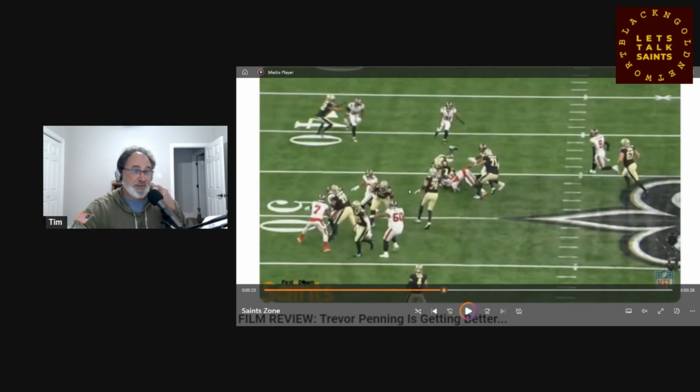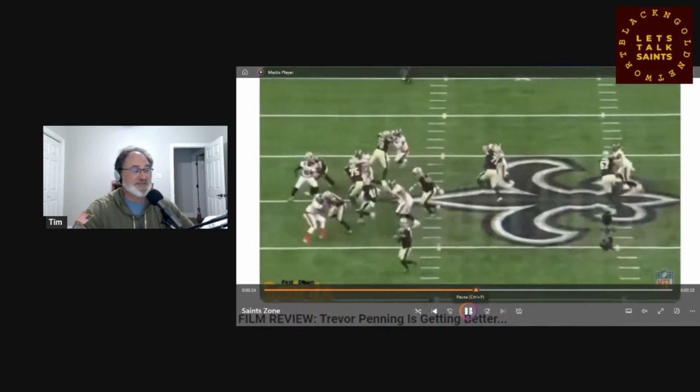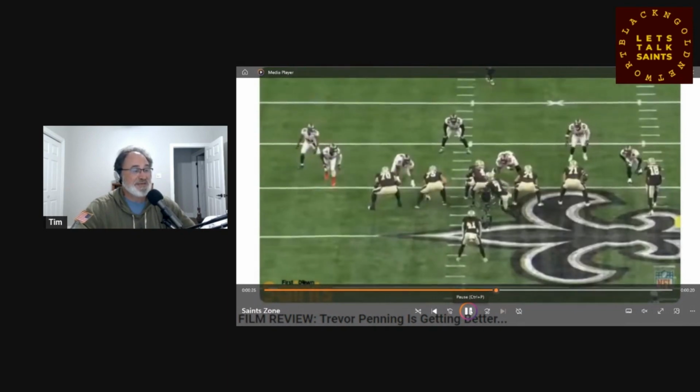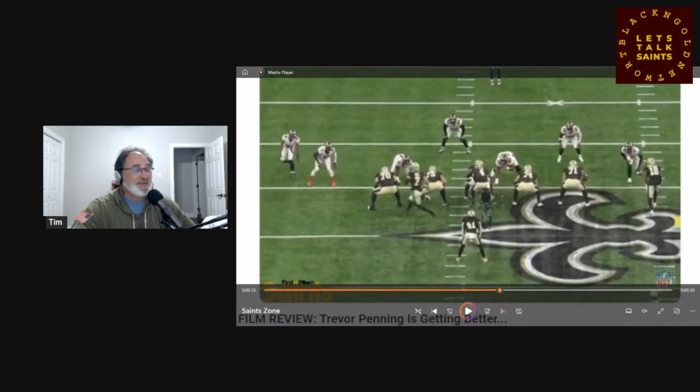If you pull up video of Kyle Shanahan in San Francisco doing the same thing, it's going to look a lot different. But just to show there were times last year where the Saints did do an outside zone, this next play is actually an inside zone, where they use a little pre-snap motion, which was incredibly rare for Pete Carmichael to use, and apparently for Kyle Shanahan is frequently used.